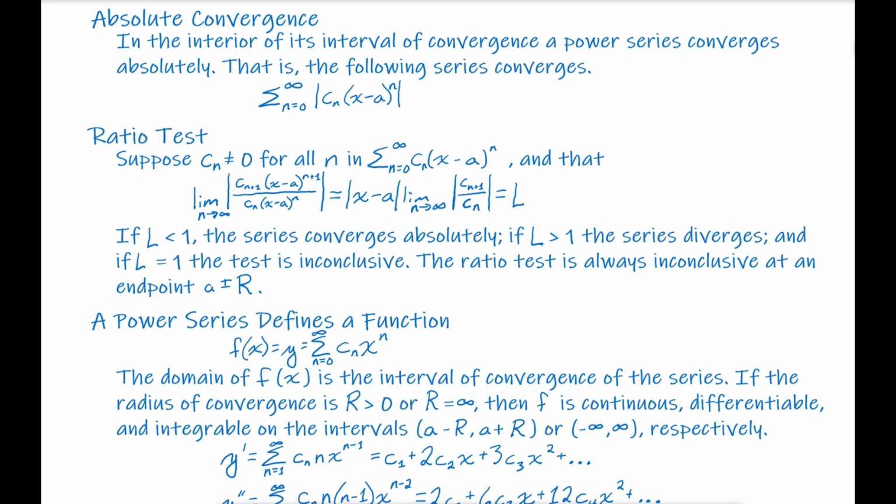So if L is less than 1, we say that the series converges. For it to be less than 1, what that means is that c sub n plus 1 is actually smaller than c sub n. So our series is converging absolutely.